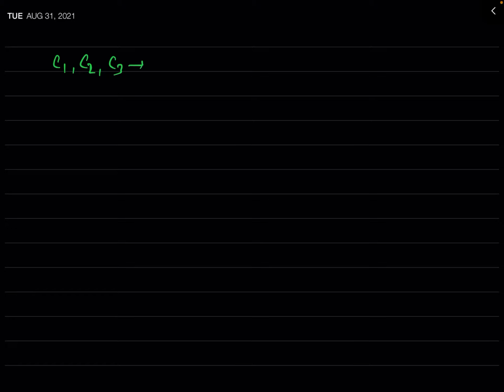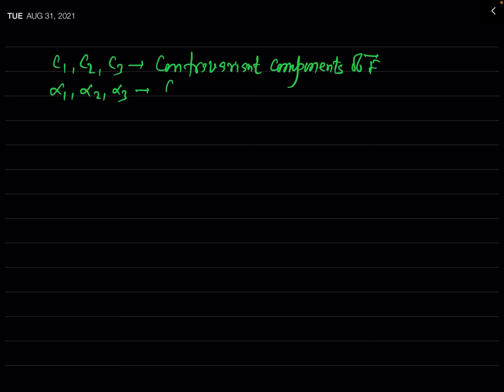As I have told you just now, these are called contravariant components of f, and the components alpha 1, alpha 2, alpha 3 are called covariant components of f.